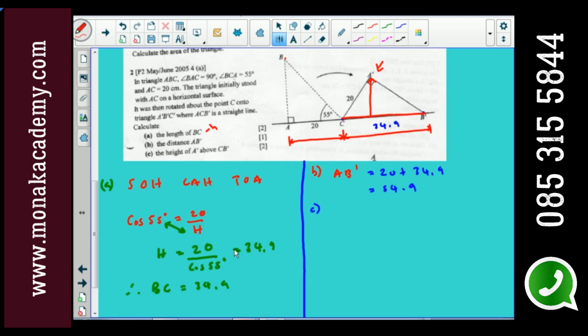Okay. So since it is a perpendicular distance, we know immediately that this becomes 90, whichever direction you want. It's 90, 90, right? Now, do we know the size of this angle?